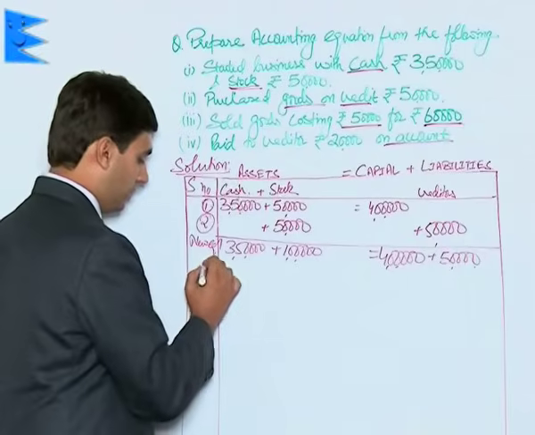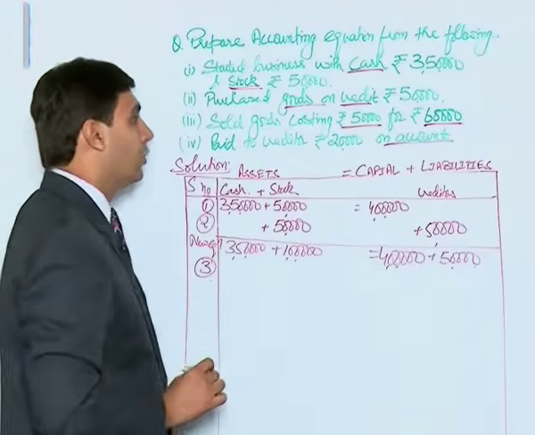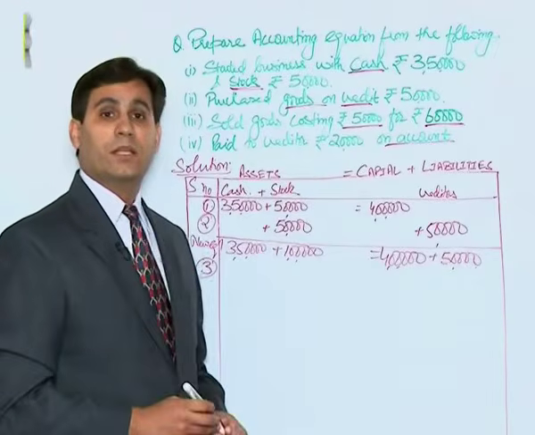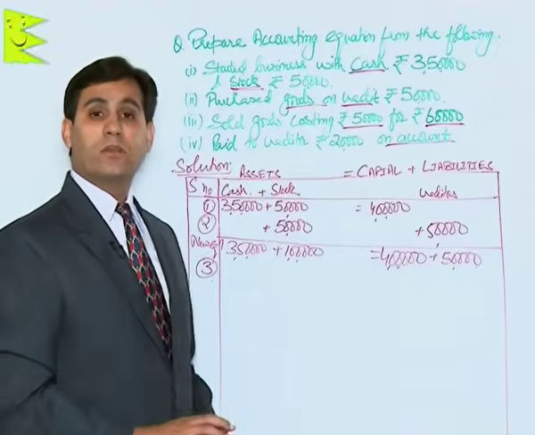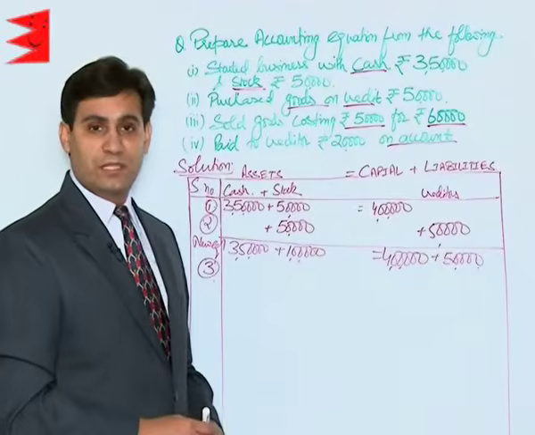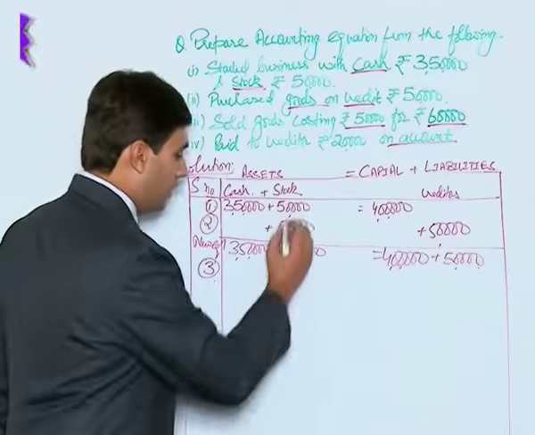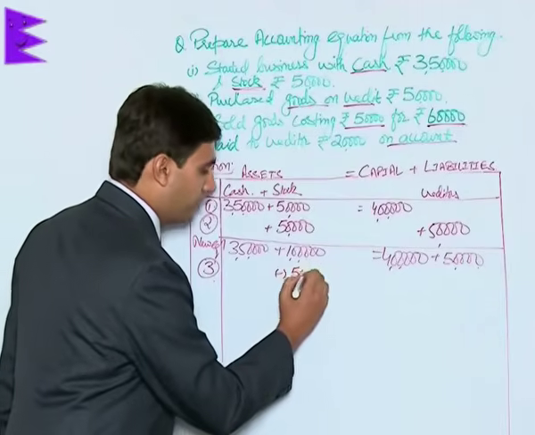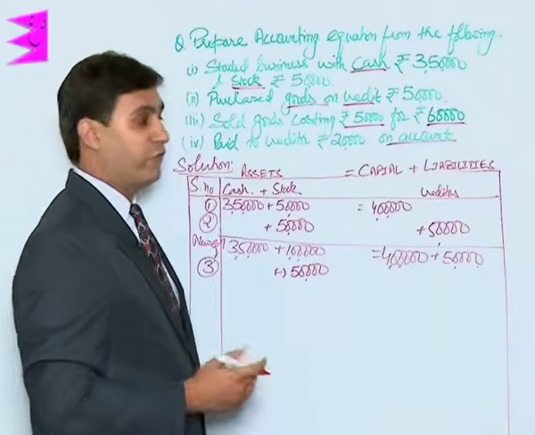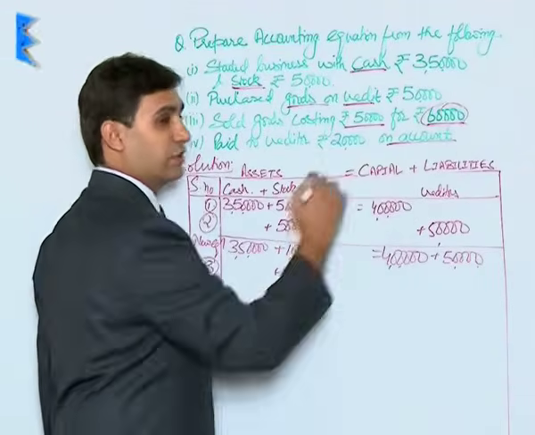Now students, the third transaction. Sold goods costing 50,000 for 60,000. That means goods to the extent of rupees 50,000 have been sold by the business. Since they have been sold, let us reduce the value of stock by rupees 50,000. And what we have received is rupees 60,000.